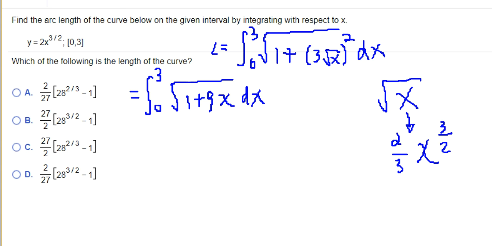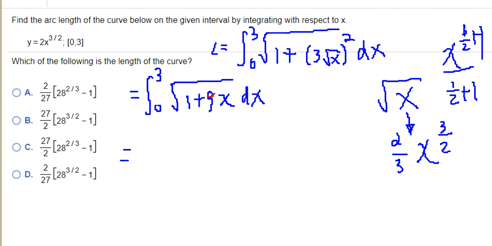So this is the antiderivative of square root of x. You can use the power rule if you want to go into detail: 1 half plus 1, and here this is x raised to the power 3 half, 1 half plus 1, and that's what I get. So the antiderivative of that will be this.